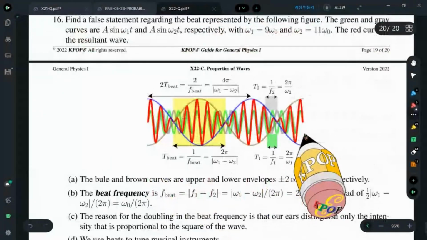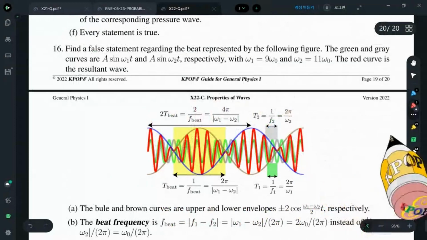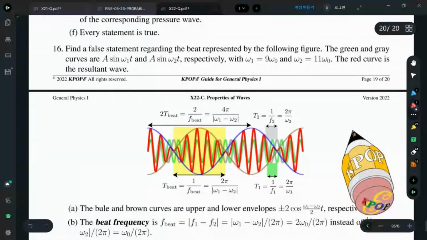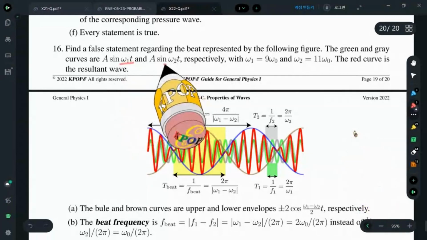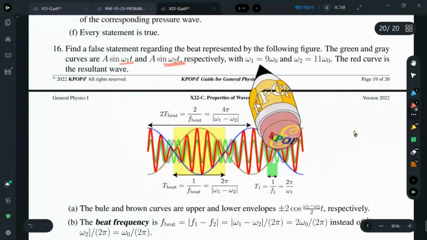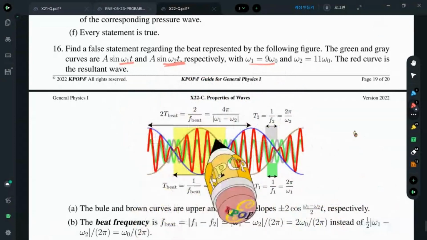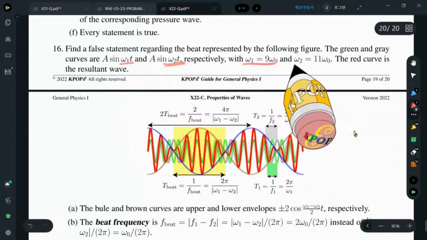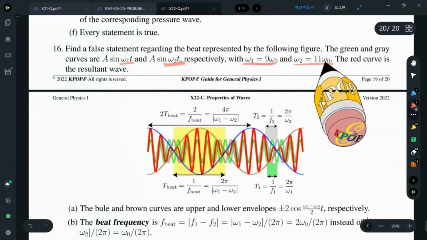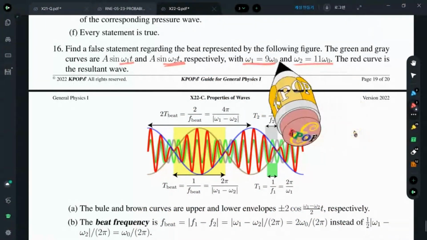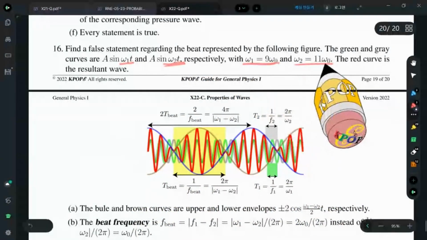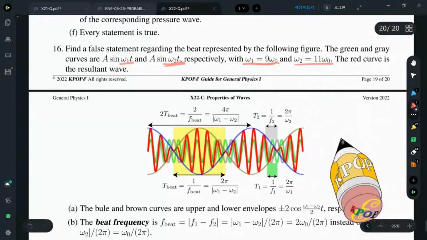At the end, we consider the beat, and the beat is the interference between two waves with a slight difference in the frequencies. For example, this explicit figure shows the interference between two sound waves with slightly different angular frequencies.